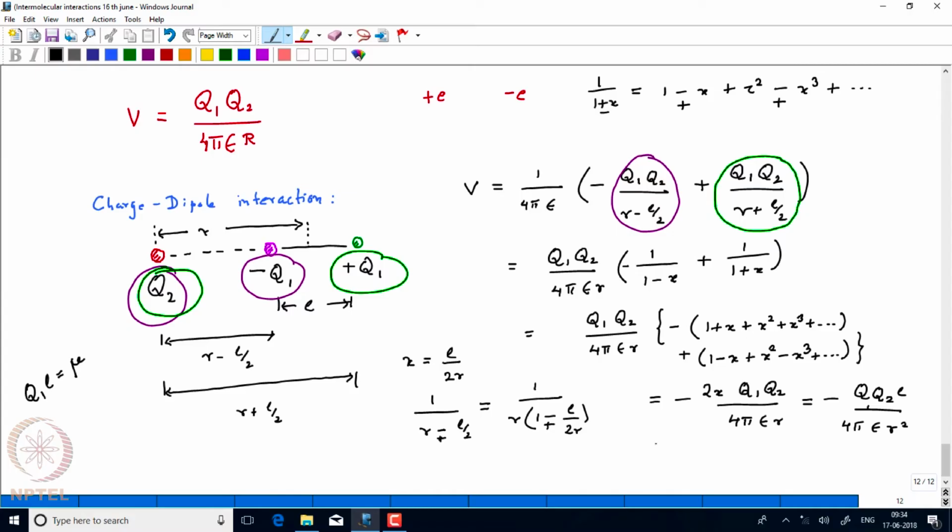So, this term will be nothing but minus Q2 into mu divided by 4 pi epsilon r square. So, we can just write the final expression. So, what we got for the dipole with a charge interaction is that the interaction potential is minus, we can just rewrite it.